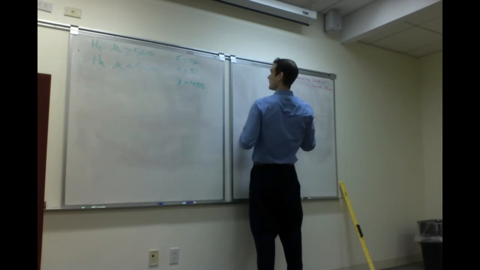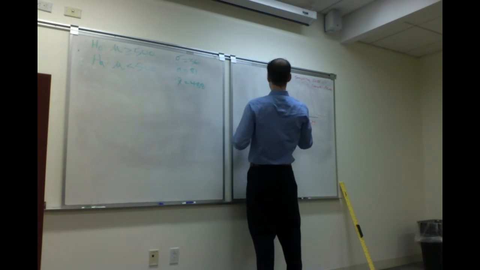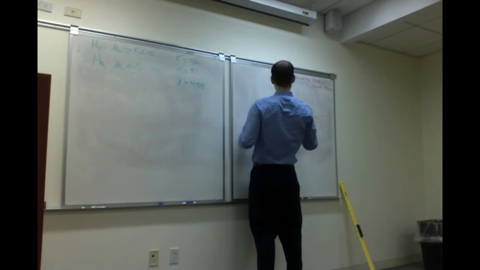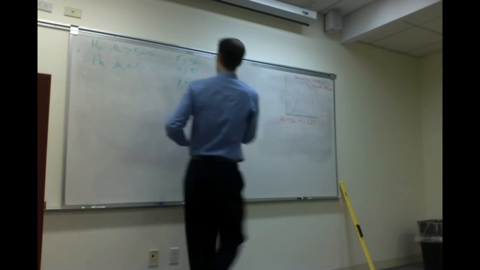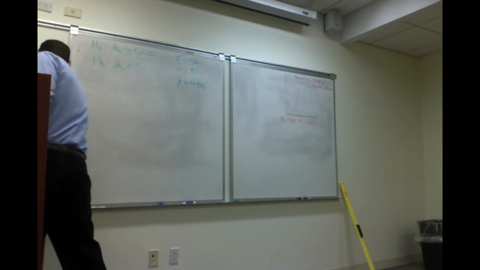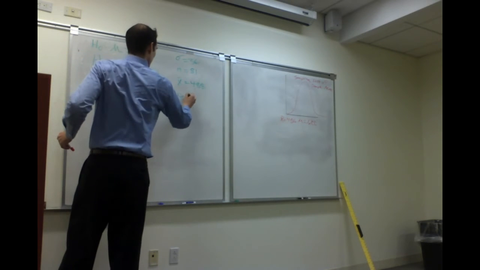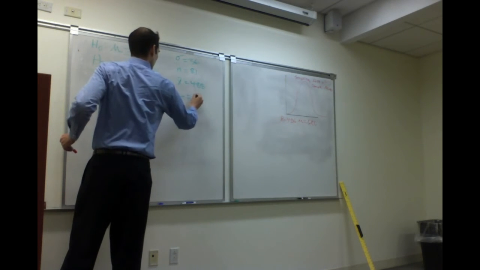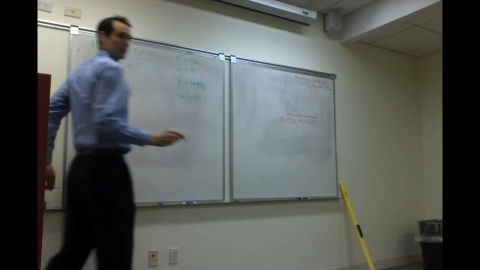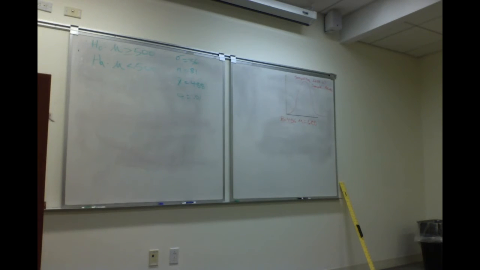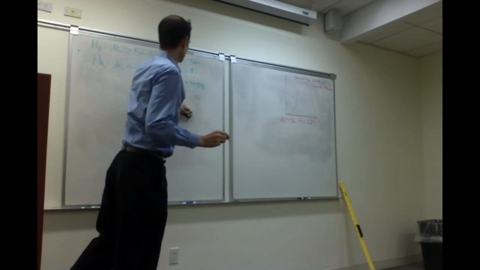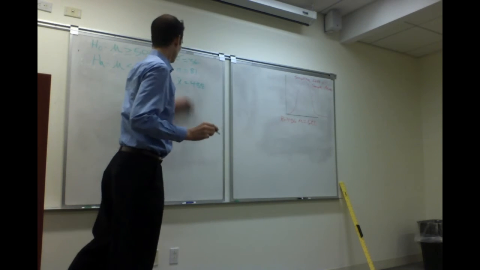We've got a sample mean x bar of 488. And I forgot to put critical value. Our significance level is what, 1%? 0.01? Oh, no, we're trying to find the p-value.